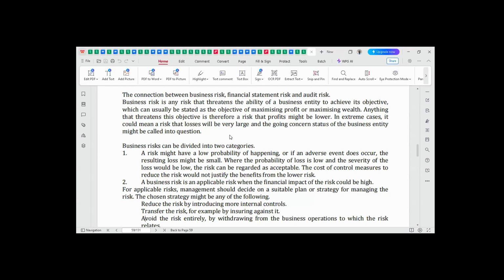Because at the end of the day, FIRS will still come for audit and request for their financial statements. And if they take a look at the cost of goods sold, or they look at the bill of materials or bill of lading, they are going to see what makes up their cost of goods sold.